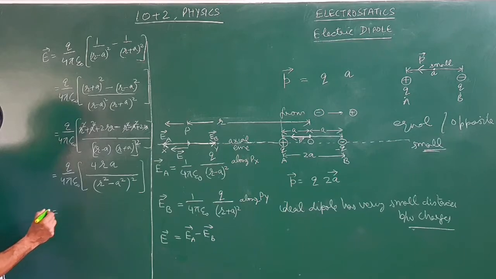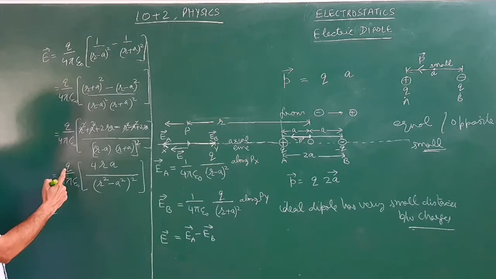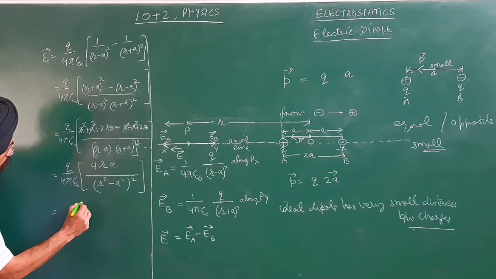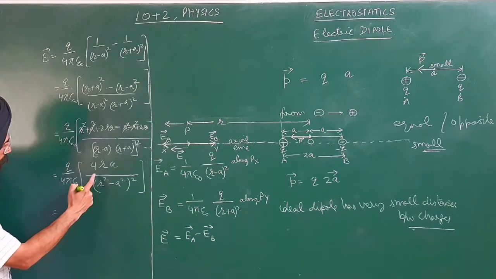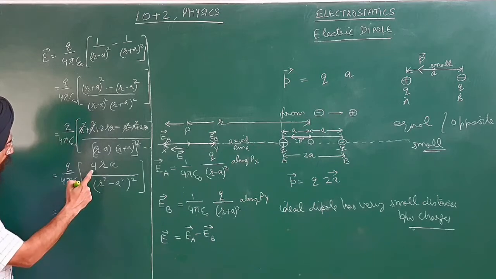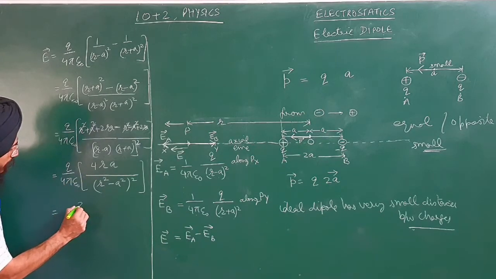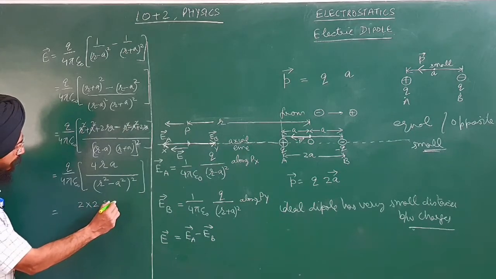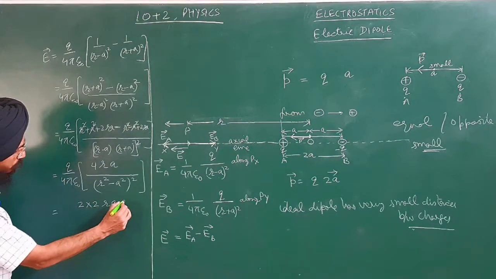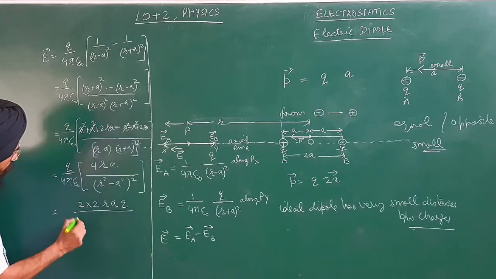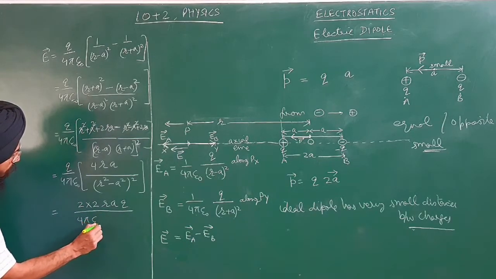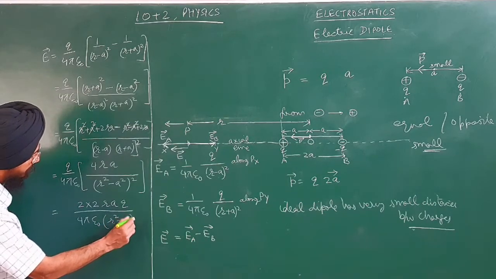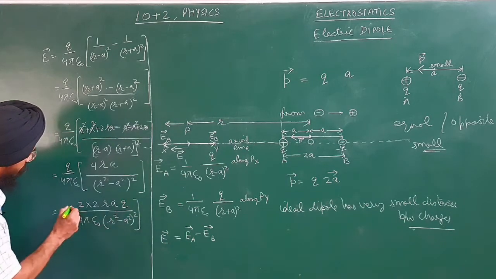Now let me take this q inside and see what happens. I will rearrange these terms. I will write 4 as 2 multiplied by 2, r, a and q, divided by 4 pi epsilon naught within the brackets r square minus a square whole square.